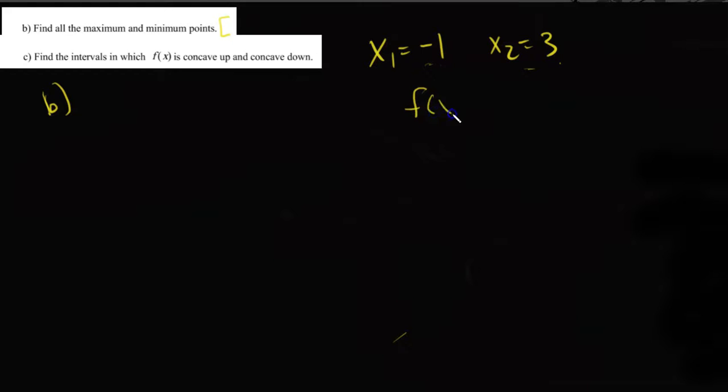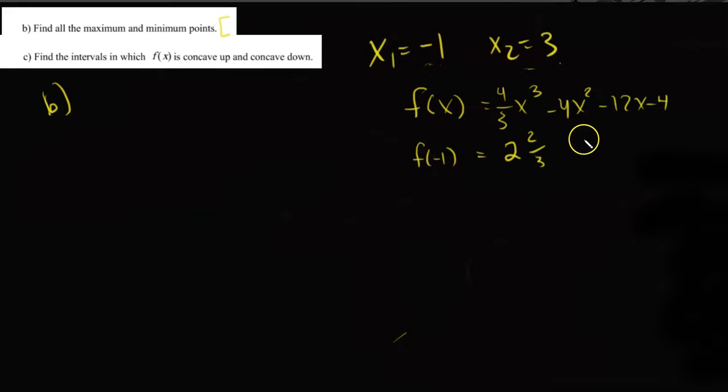Our original function was 4/3 x cubed minus 4x squared minus 12x minus 4. If we plug in negative 1, f of negative 1, we get 2 2/3, and if we plug in f of 3, we get negative 40.